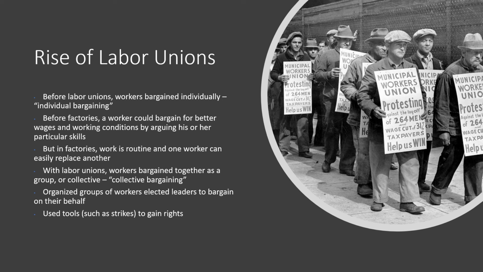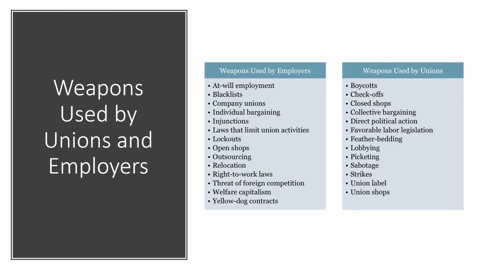One of the most powerful tools workers have is the right to strike. Strike means to refuse work if you don't have a contract. And there are the quote-unquote weapons that could be used by both the employers and the employees. Employers can blacklist, bargain individually, seek injunctions, lock out shops, outsource, relocate, and lay off.